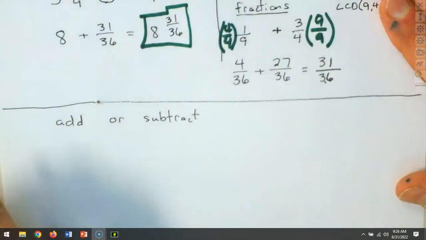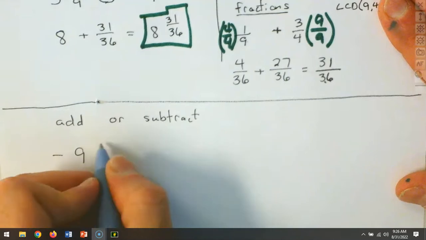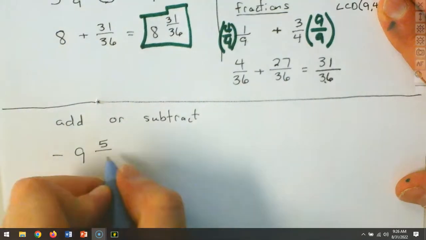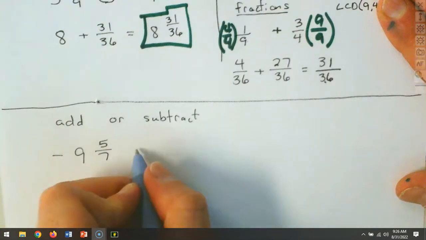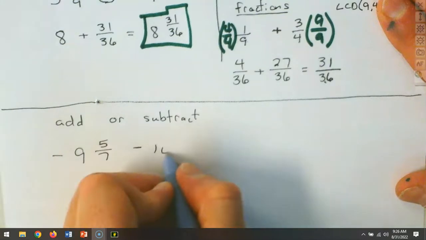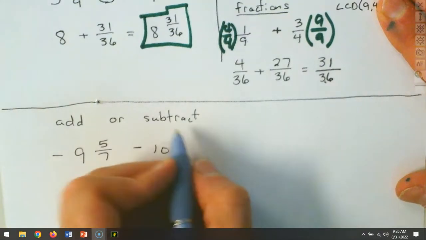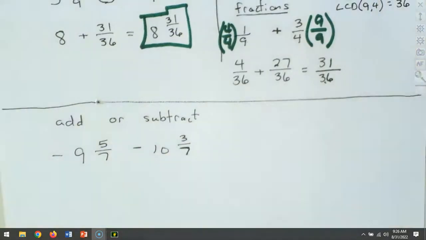And how about we look at minus 9 and 5/7 minus 10 and 3/7. All right, so I want to work with this one.